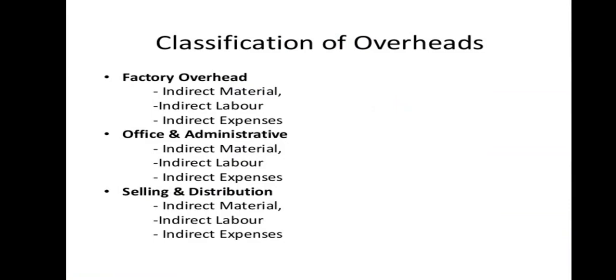These factory overheads are again classified into indirect material, indirect labor, indirect expenses. There we take direct, here we need to take indirect, in the sense in the cost sheet. Similarly in office and administrative overheads: indirect material, indirect labor and indirect expenses.